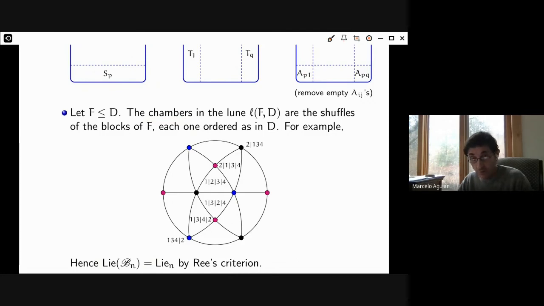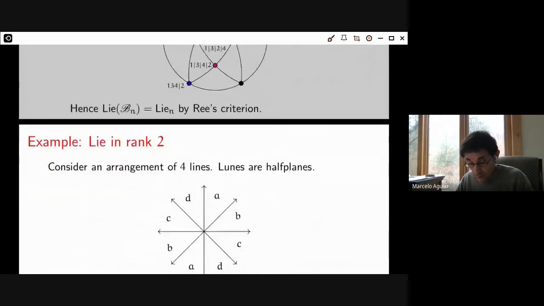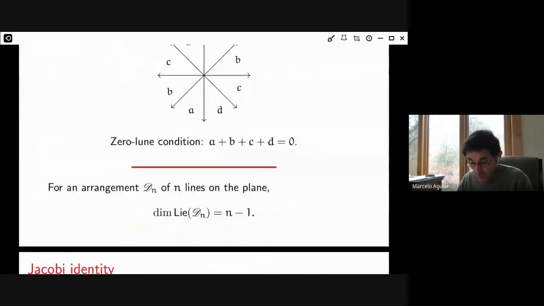So the connection with the earlier material in the talk is as follows. The space Per n, consisting of permutations, those monomials indexed by permutations, corresponds to the space of chambers. And the space Lie corresponds to that space that we defined, okay? Those special linear combinations of chambers determined by those lune conditions, zero-sum lune conditions.